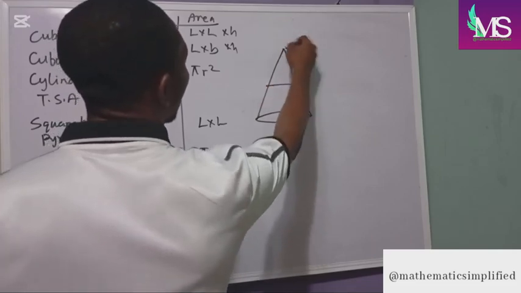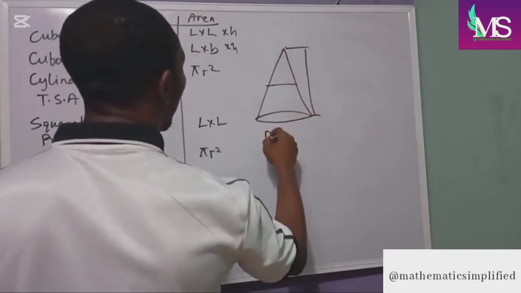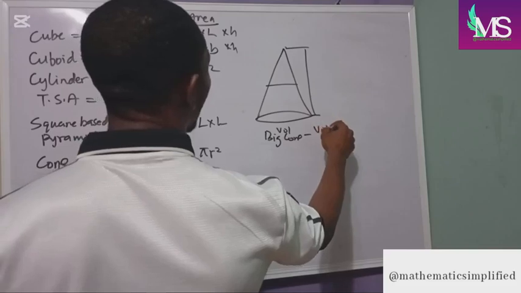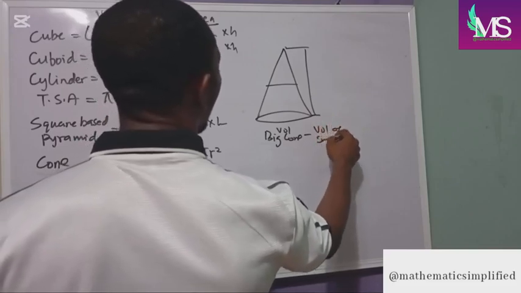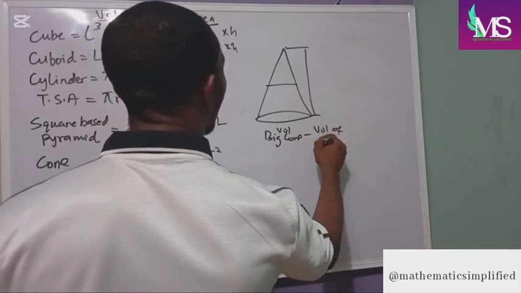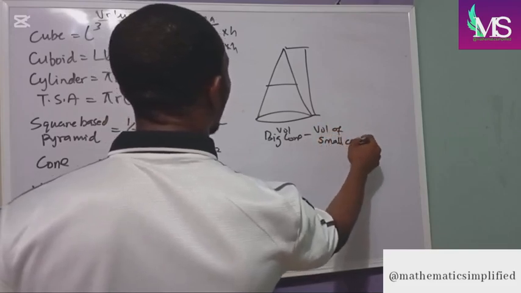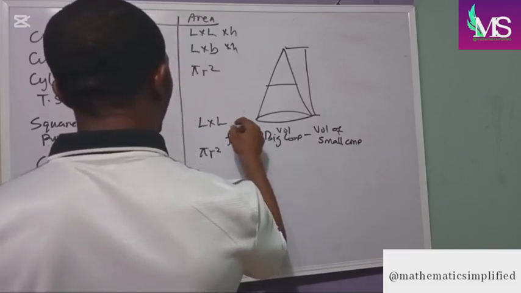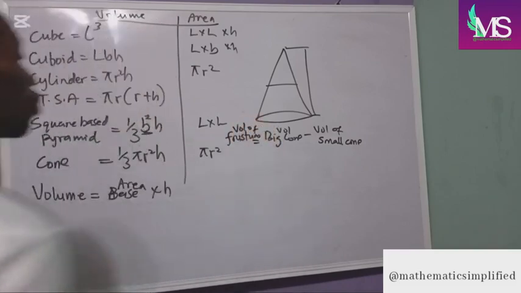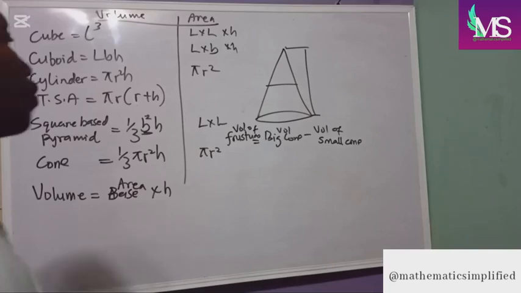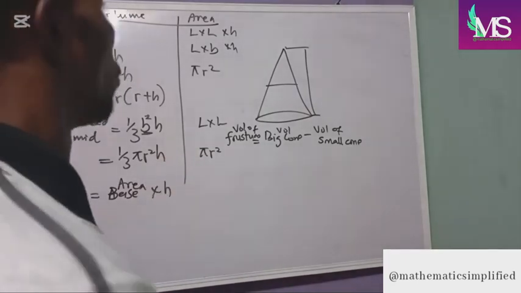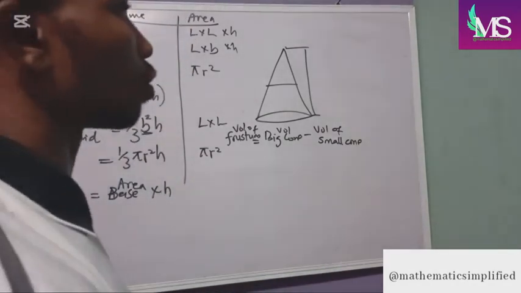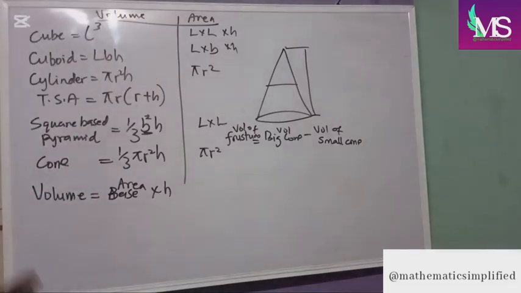Then we calculate the volume of our big cone minus the volume of the small cone, which will give us the volume of our frustum. These are the key important things you need to understand in mensuration.